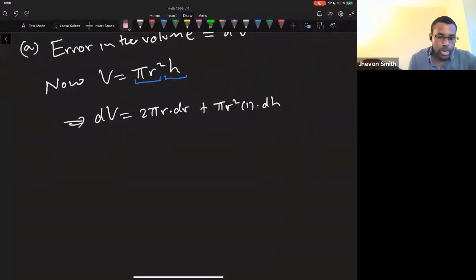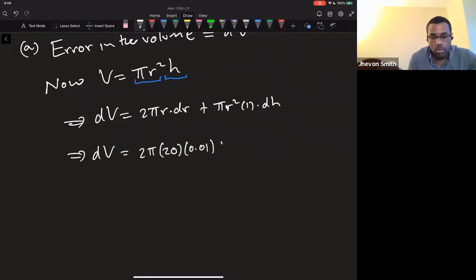And so now, what that means is that the change in volume is going to be 2 pi r, I know r is 20, dr is 0.01. r I know is 20, dh is 0.01.